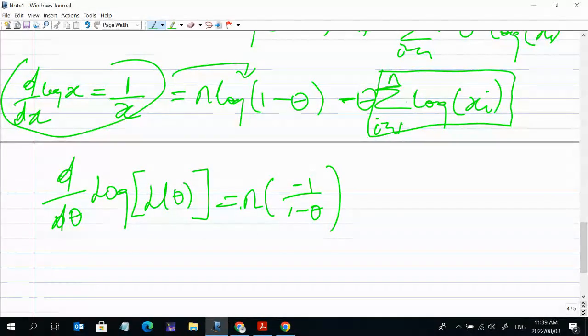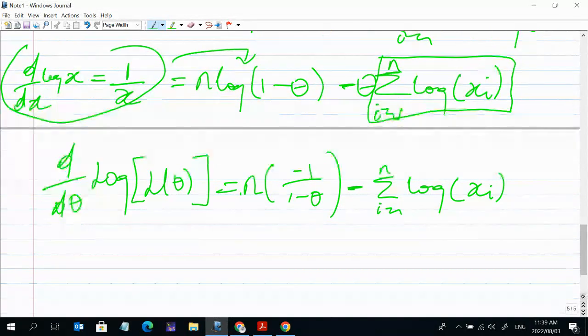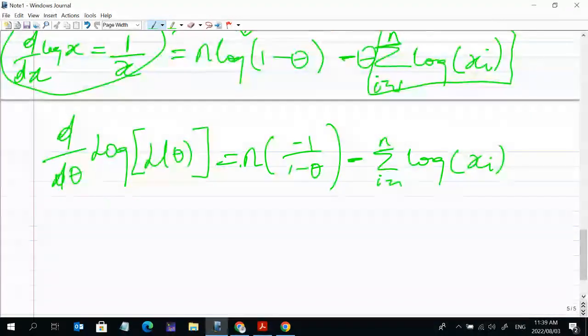So when you differentiate minus theta with respect to theta, we get minus 1, multiplied by the summation of log xi, i ranging from 1 to n. And the definition says that we equate the natural logarithm to 0, and we solve for theta.